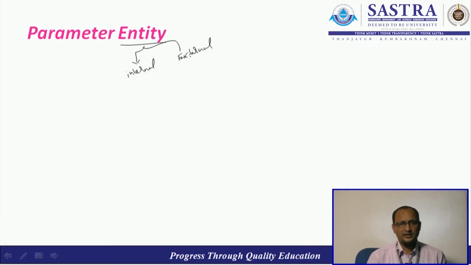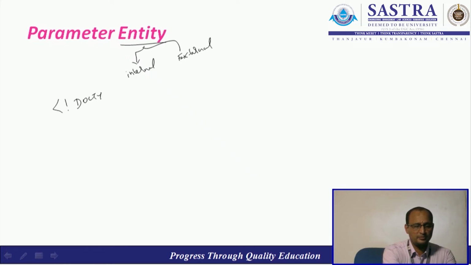When we create a document type definition, we have exclamation, DOCTYPE, element name. Say for example, I have student, opening square bracket and closing square bracket, and the angle bracket will be there after completing this.